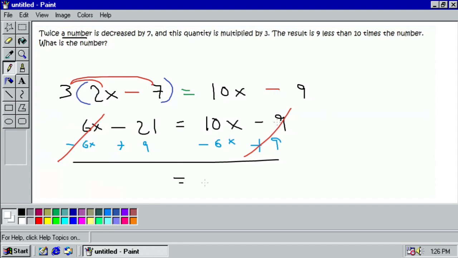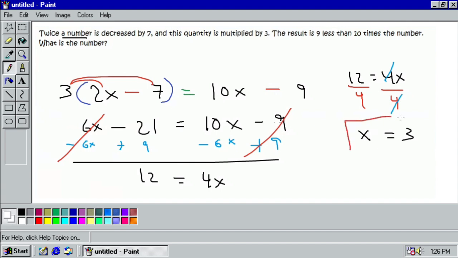What we have left is 4x, and negative 21 plus 9. So that's like 21 minus 9, that is 12. So 4x equals 12. Divide both sides by 4. The 4 cancels. 12 divided by 4 gives us 3. So that means our x is 3.